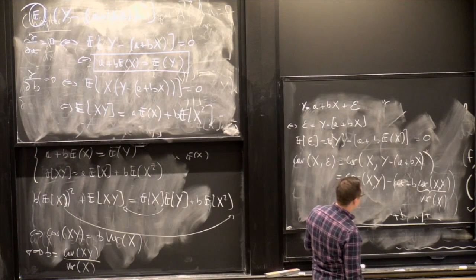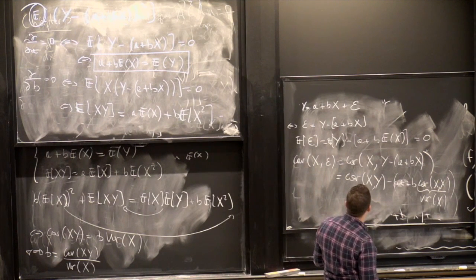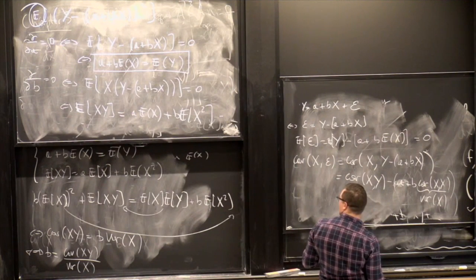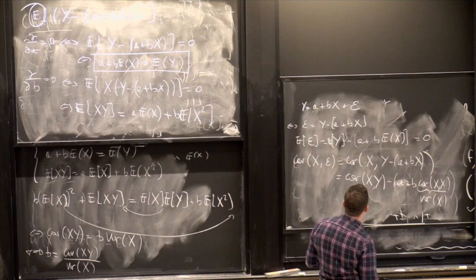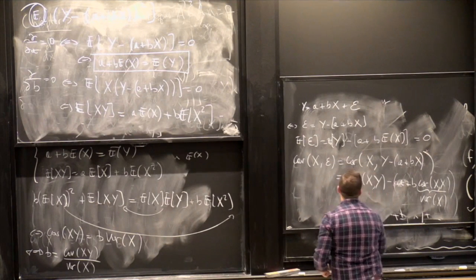Why? What did I do? Covariance of xy. Yeah, that's because I cannot do that with the covariance. Yeah, I have those averages again. No, because this is centered, right? Sorry, this is centered.